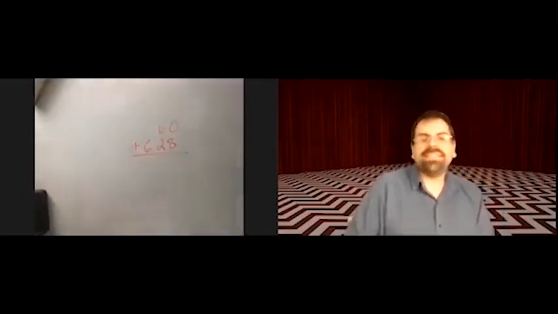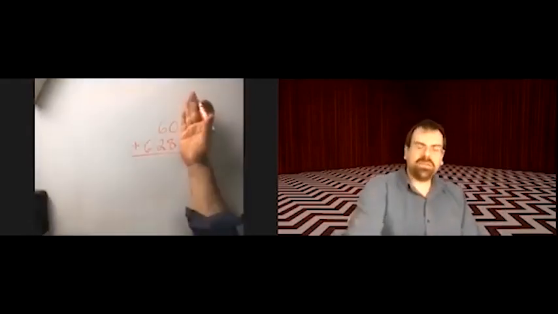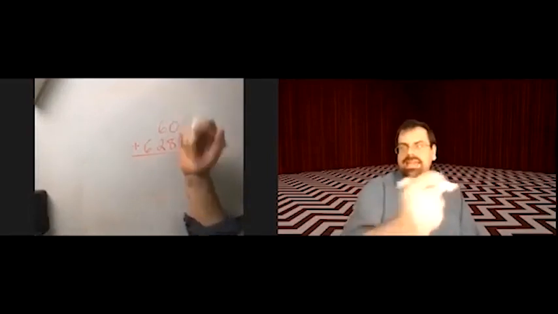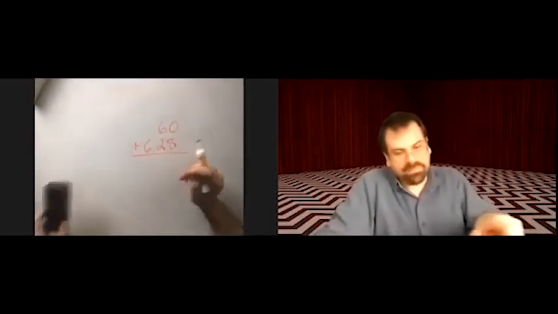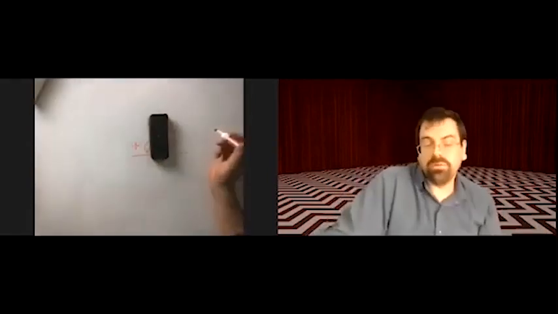We're adding 60 and 628. Again, we make sure that they end in the same spot, not begin in the same spot, end in the same spot. One column at a time. What's 0 plus 8?